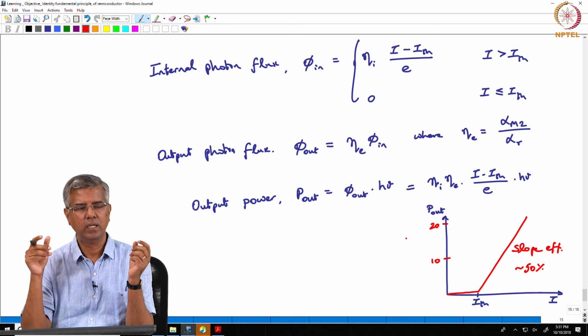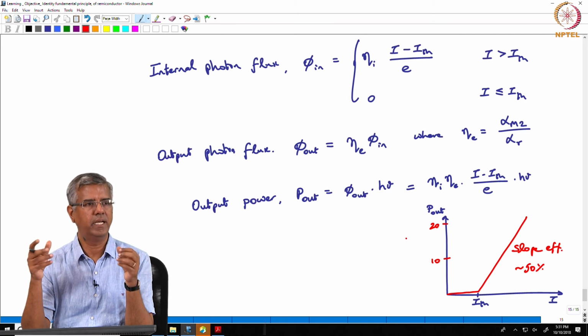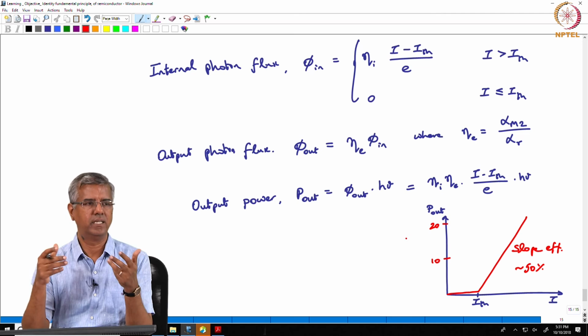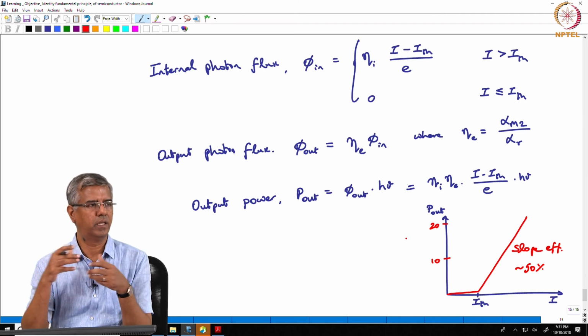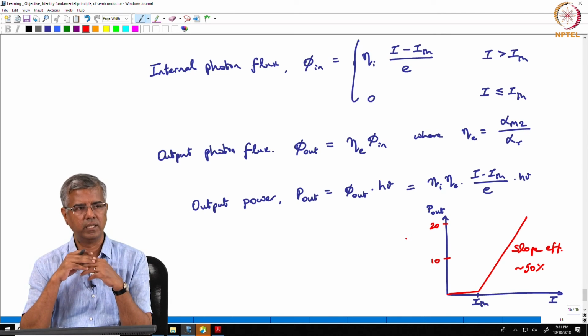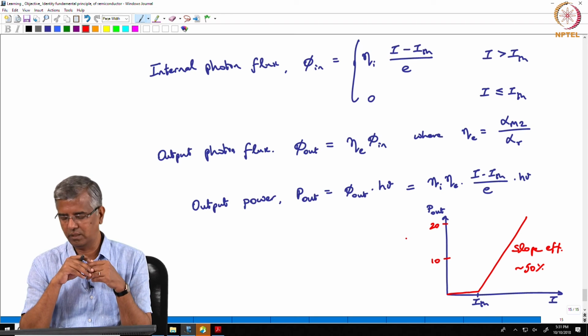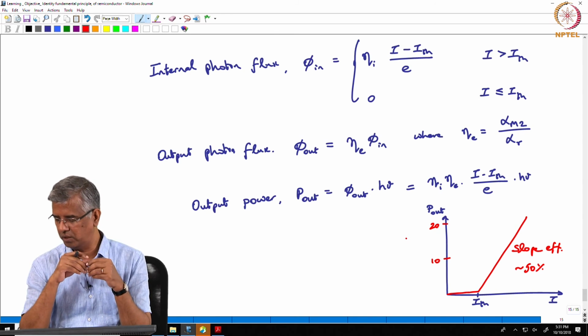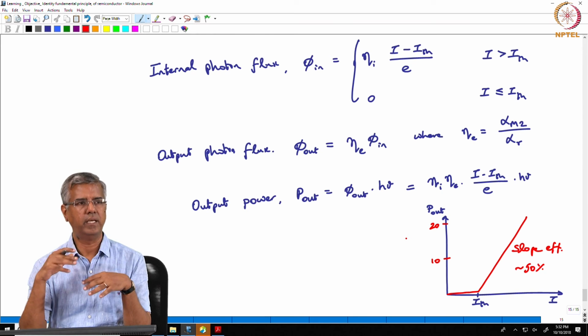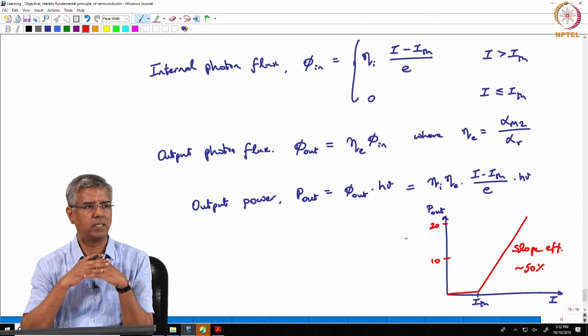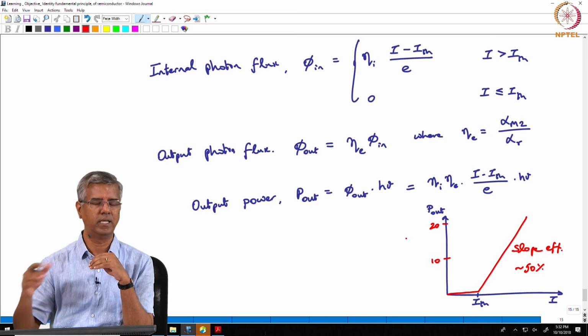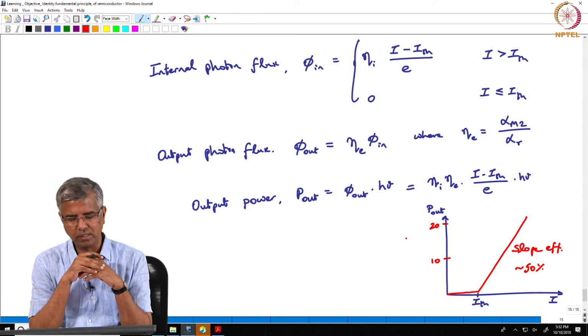Once again, like we talked about in the case of LED, if you have very high current density, then you have collision between the carriers and that generates heat. There is something called Auger recombination that happens, and because of that, the overall efficiency starts taking a dive. So, you are limited in terms of the power levels.